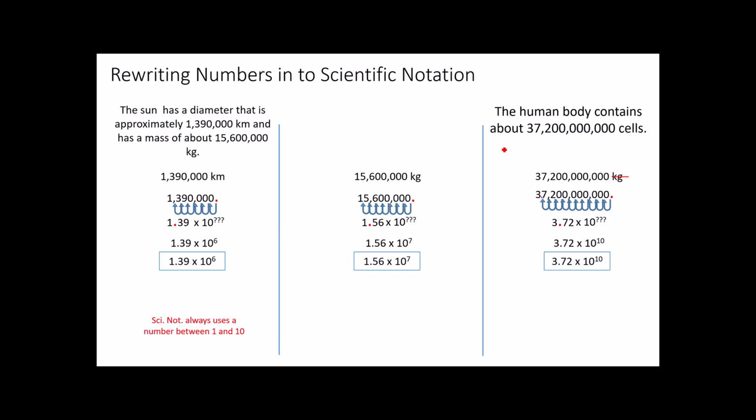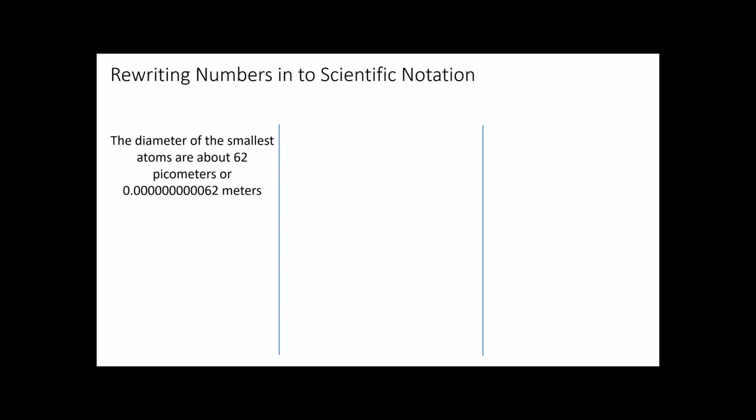Now I can do this exact same thing with really tiny numbers as well. For example, when we talk about the diameter of the smallest atoms being 0.000000000062 meters, I can look at that and say, let's rewrite this as a number between 1 and 10. Notice, in order for that to be the case, the decimal has to be between the 6 and the 2, because I would end up with a 6.2. The question is, in order to turn a 6.2 into the number we want, it's going to have to be multiplied by 1/10.